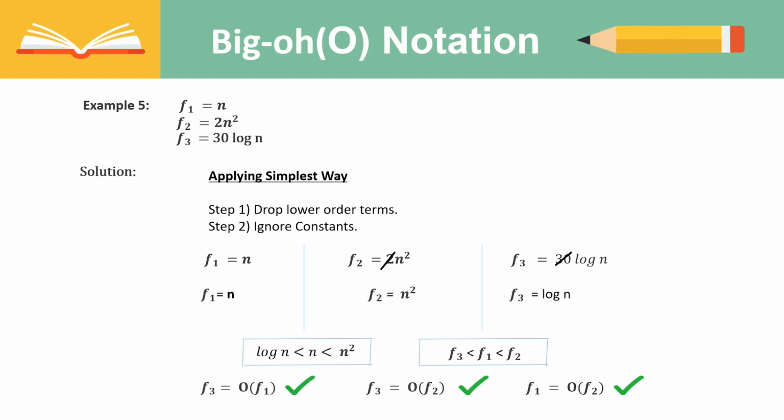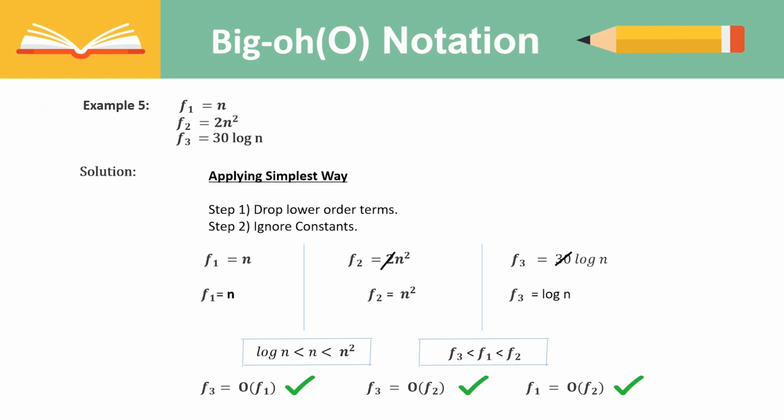Example 5. There are three functions f1, f2 and f3. f1 is equal to n, f2 is equal to 2n square and f3 is equal to 30 log n. We are again applying the shortcut method. Step 1 is to drop the lower order terms and step 2 is to ignore the constants. Now f1 is equal to n.